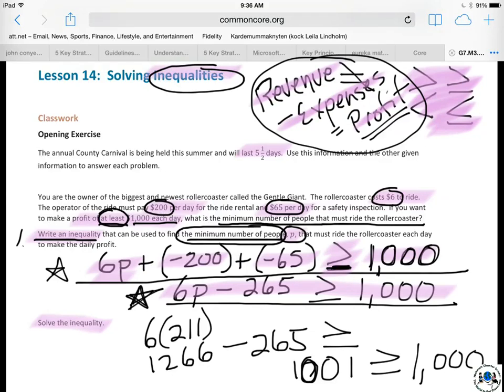You can see how close that is. Okay, $1,001, and that is correct. This does check and this does work, but you can see that if anything less than that would not quite make it, number of people wise, because 210 would not work.